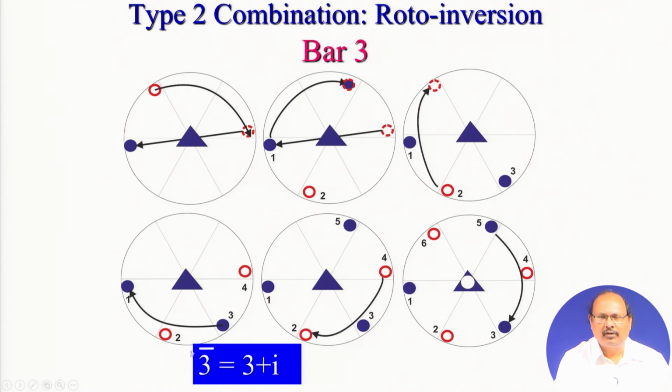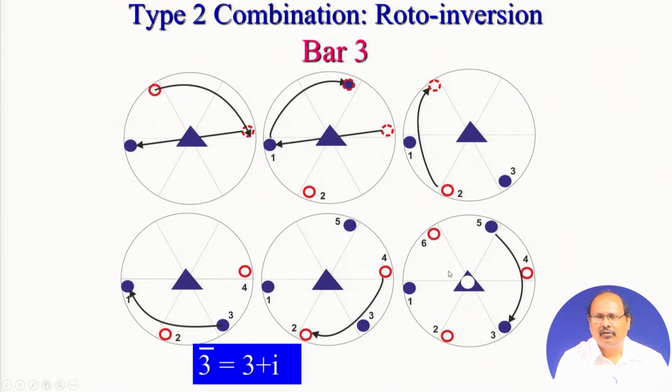What we have now, this rotation plus inversion, we call bar 3 operation. The symbol is this dash written on top of 3. That rotation plus inversion has now produced 6 motifs here. Now, see carefully the relationship between these motifs. These open circles, in red, are related by 120 degree rotation.